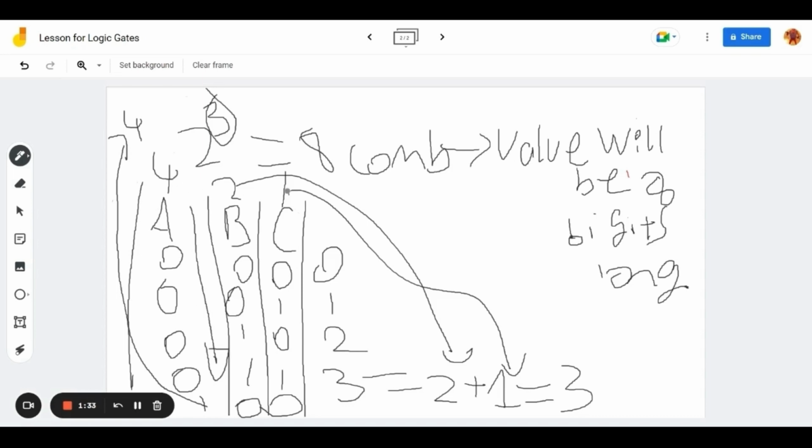And going back to re-summarize again, the reason why we have 1, 2, and 4 here is because we go up by exponents of 2. So the reason why 2 is here is because 2 to the power of 1 equals 2. The reason why 4 is here is because 2 to the power of 2 equals 4.